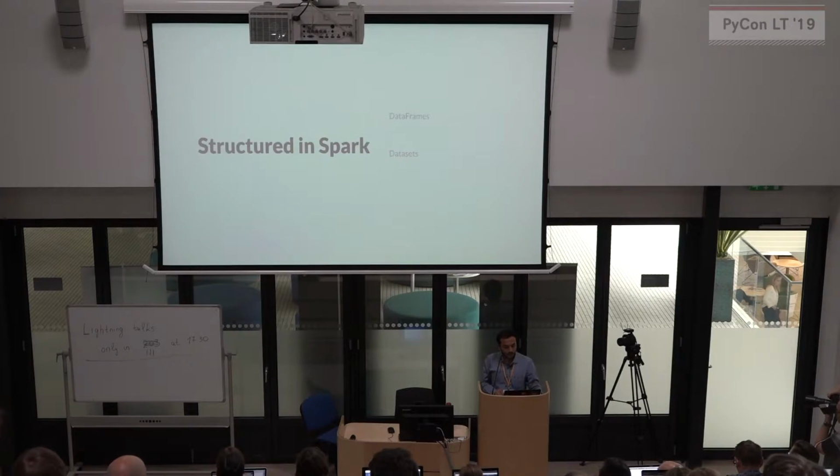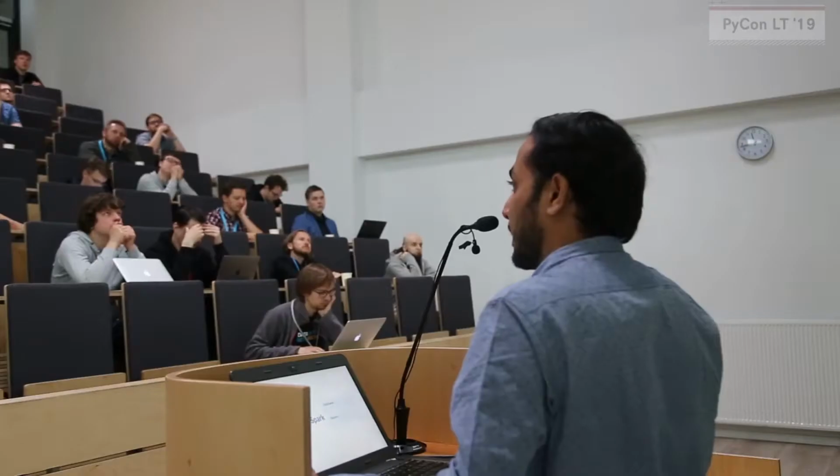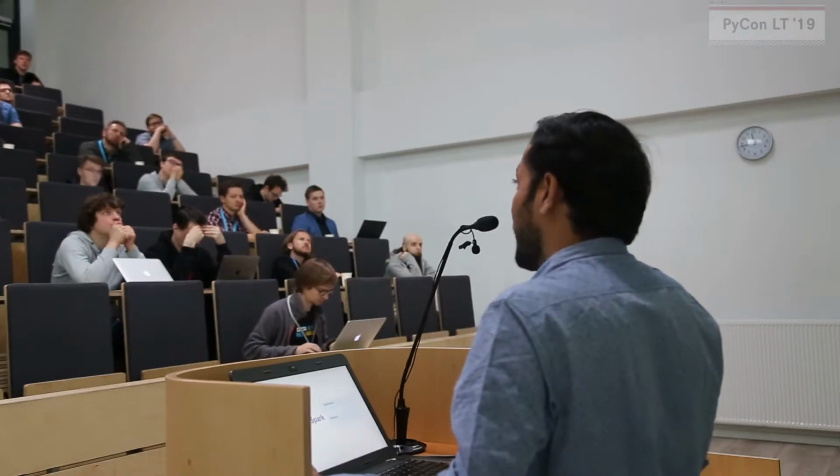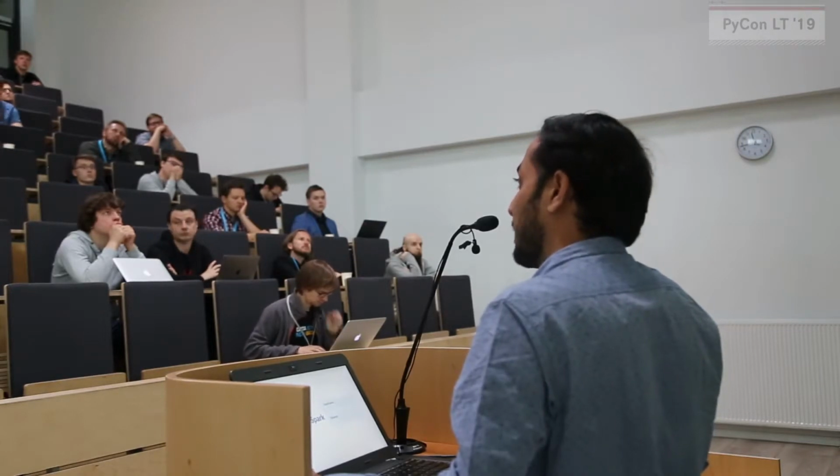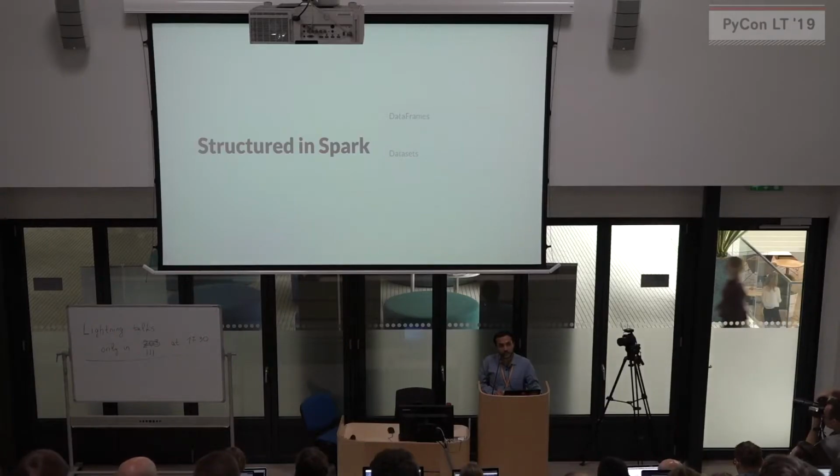So the structured APIs available in Spark are DataFrame and Dataset. Dataset has no support in PySpark because of the dynamic programming nature of Python, and it is already available with Python, so I will skip that here.